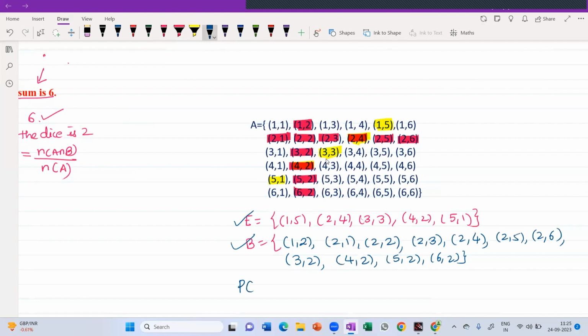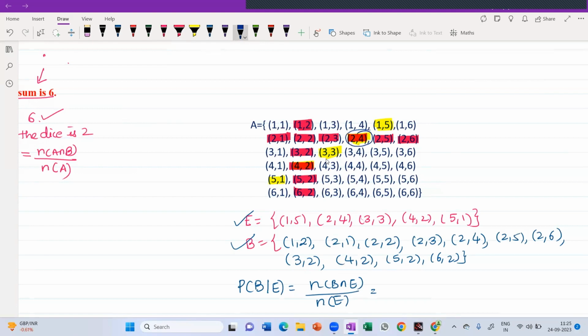I have to find out the probability of B given that event E has already occurred. The formula is the probability of B intersection E upon E: the number of elements in the intersection upon the number of elements in the event which has already taken place, that is E. So how many elements come into the intersection? You can clearly see from the diagram in which cases we are getting the intersection.